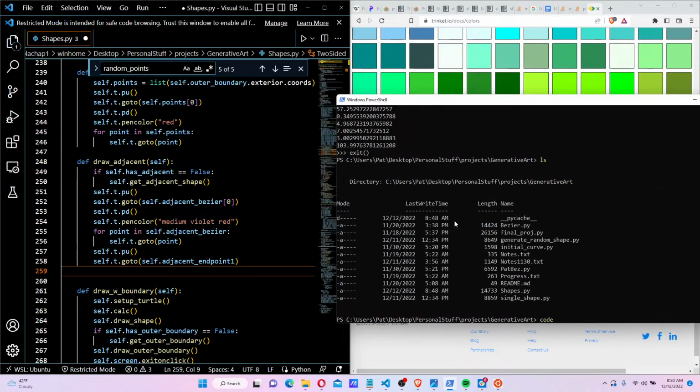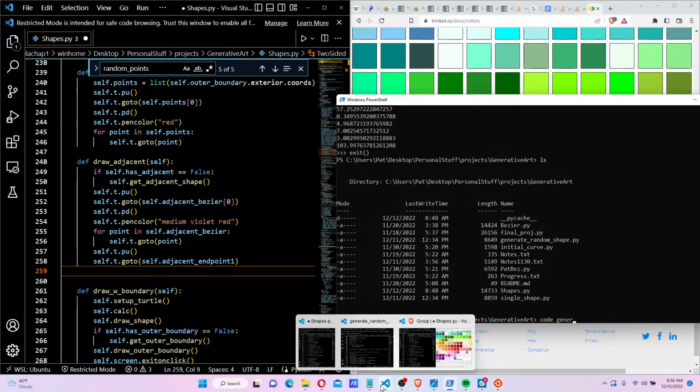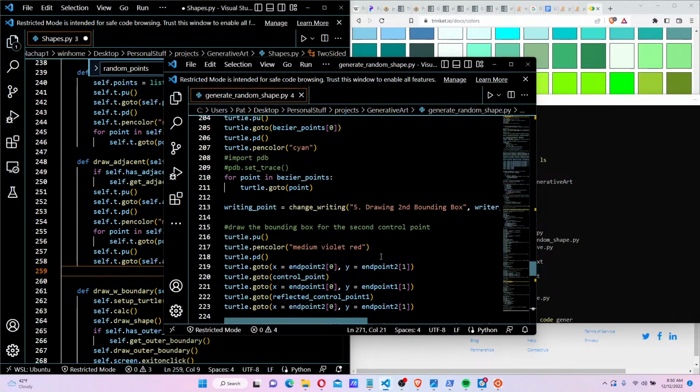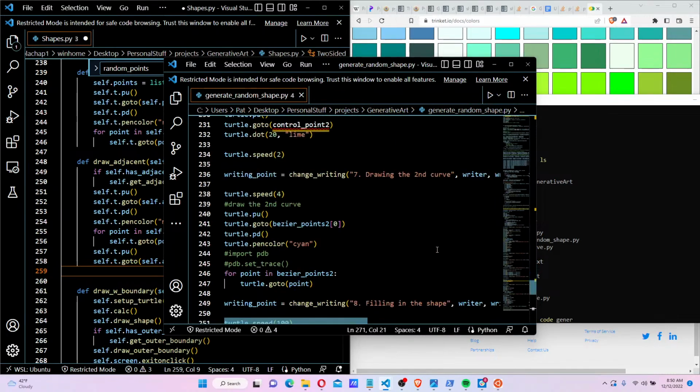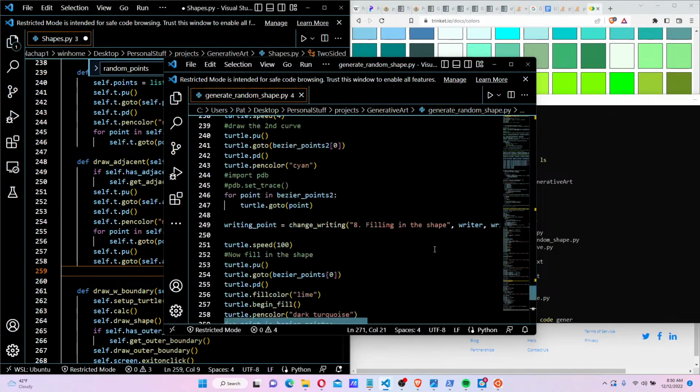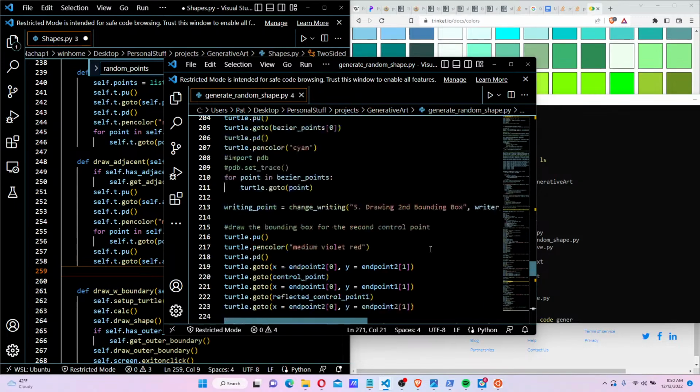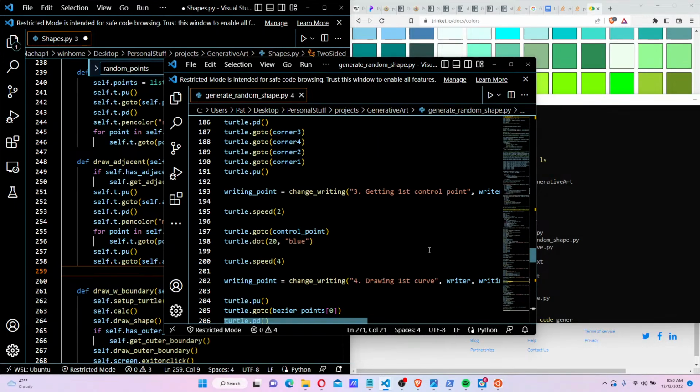Oh, I think there's another VS Code window. Yeah. So generate random shape, go to point and then dot and then 20 and then the color.